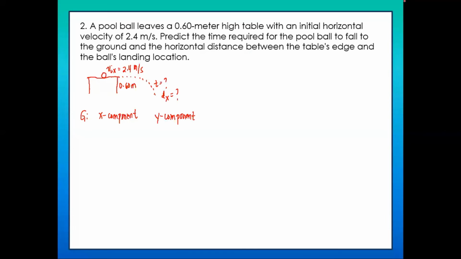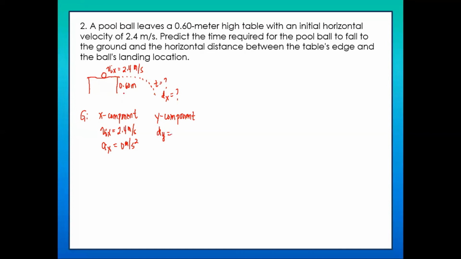Okay? Now, so for the X component, meron tayong V sub ix. That is your 2.4 meter per second. What else pa? Okay, lagi naman natin sinusulat yung acceleration na 0 meter per second square. Okay? Now, for the y component, meron tayong d sub y.